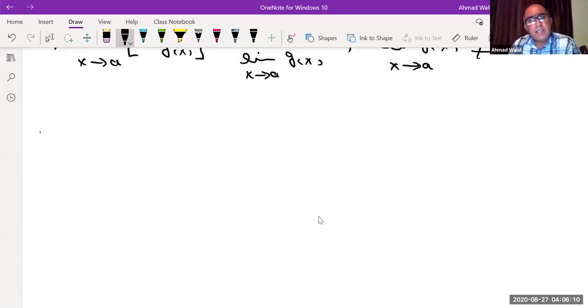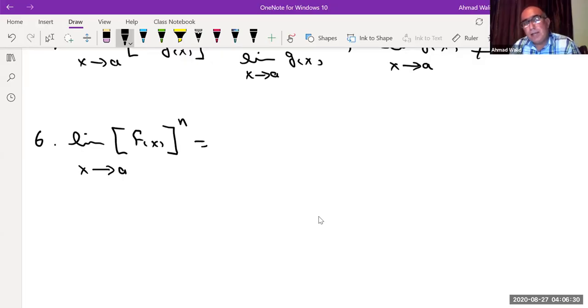This one is also interesting. Number 6. If you have the limit of, for example, f of x to the power of n, a function to a power, as x approaching a, the easy way is to put the limit inside.